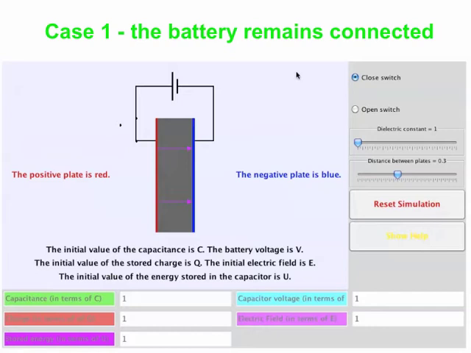Okay? And so what we're going to do is we have some sliders here. We can change the distance between the plates, so we'll certainly do that. And you can see at the bottom there's something in green, which is the capacitance in terms of the initial capacitance. In light blue is capacitor voltage. That's always going to stay fixed in this particular animation because the capacitor is always connected to the battery.